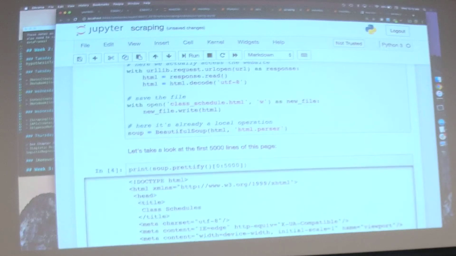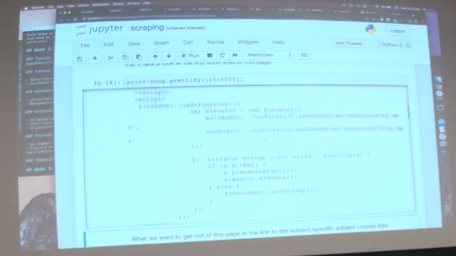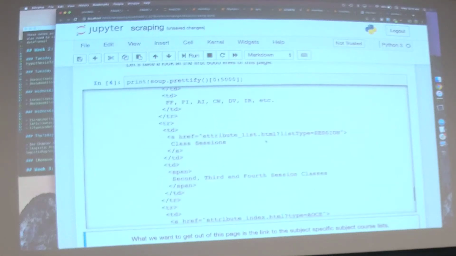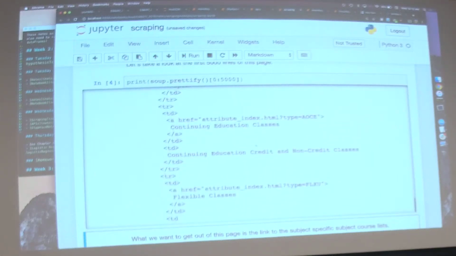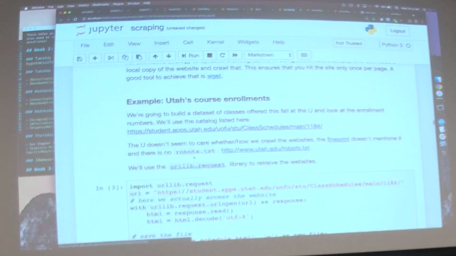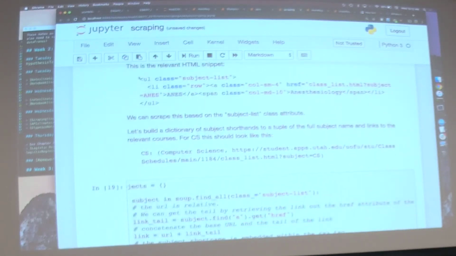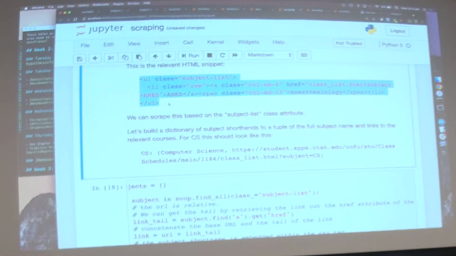So we look at what we get back from the university about the course schedule. Continuing ed classes. This is how the university describes a class on their website.